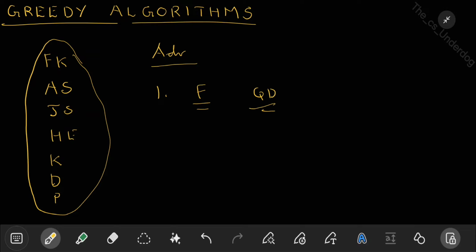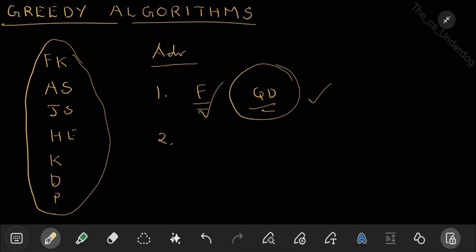The only thing to consider is whatever is the best for this particular point of time. You don't have to see for anything else, because of which your decisions will be quicker and you will reach the final solution faster compared to other algorithms. So this is the first advantage of greedy strategy.